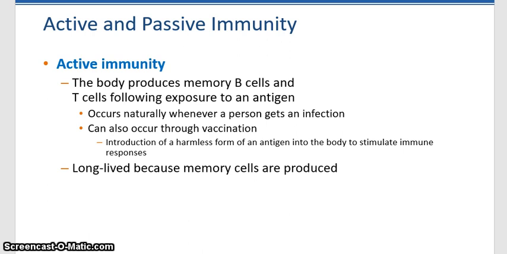Vaccinations can cause no noticeable symptoms, or a much lesser form of that infection.